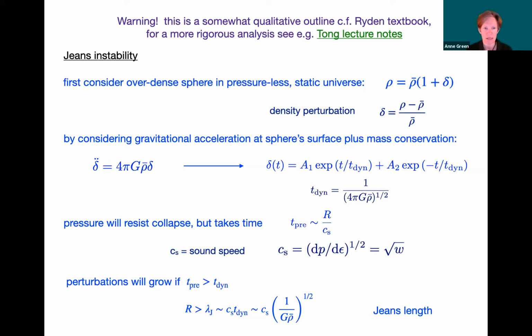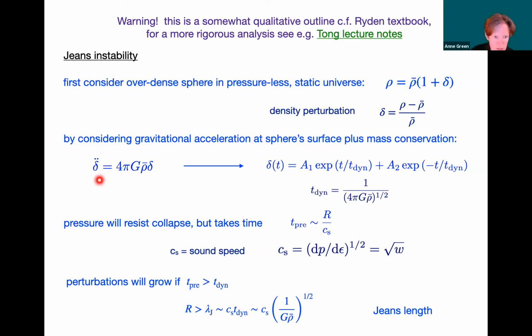And we're going to, for simplicity, consider a pressureless static universe. So we're going to neglect the expansion of the universe to start with. And we're considering a sphere of matter that's overdense relative to the background density rho bar. So its density is rho, and the overdensity, the density perturbation, is delta. And you can derive an equation for how that overdensity behaves by considering the gravitational acceleration at the surface of our overdense sphere and taking into account that mass has to be conserved.